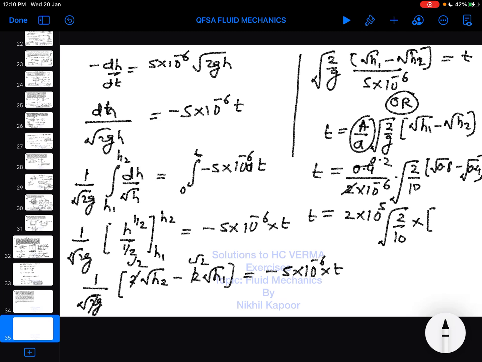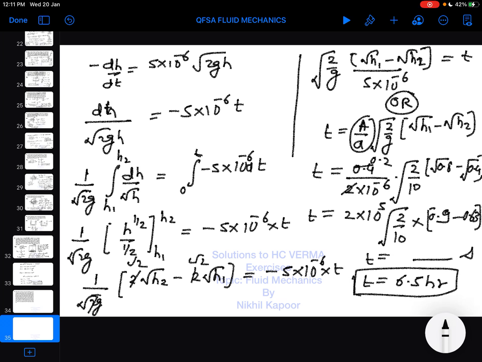Okay, so we can calculate the root of 0.8 as 0.89, 0.9 approximately, minus the root of 0.4 can be easily calculated, which is 0.63, and on subtraction, on solving you will get time in seconds, and on dividing by 3600 seconds you will get time in hours, that is 6.5 hours approximately. Thank you.